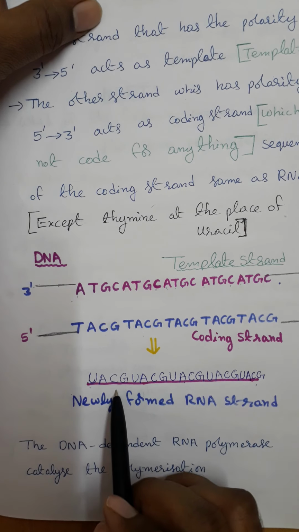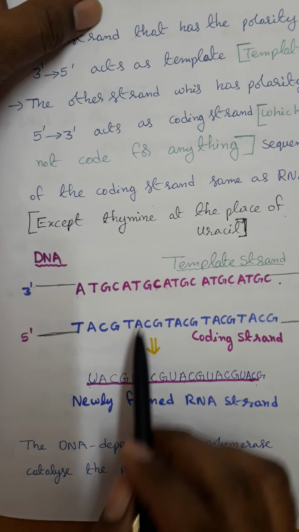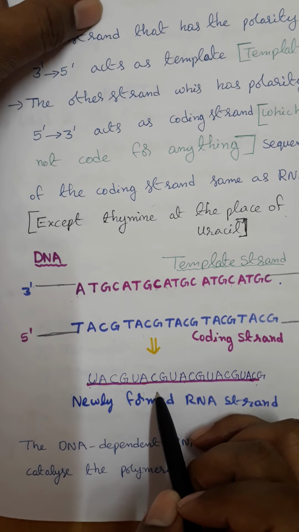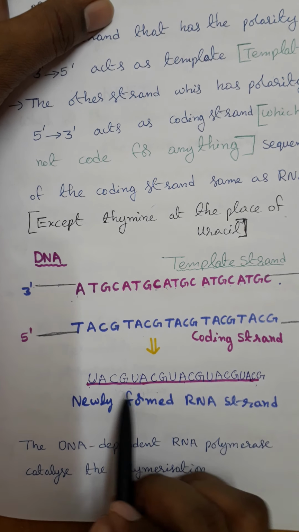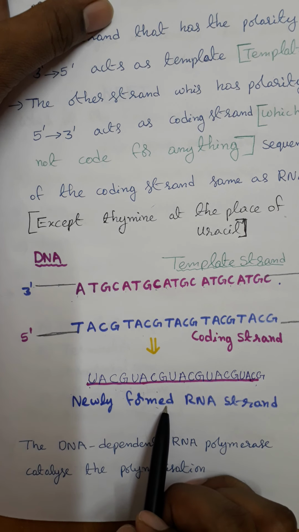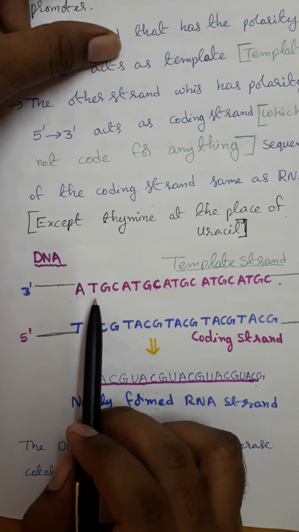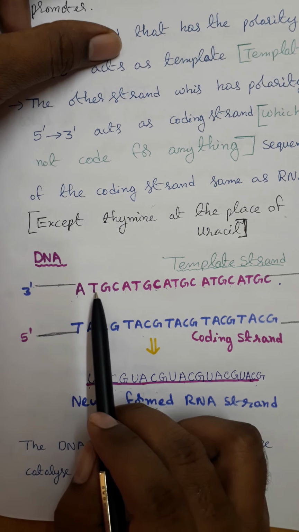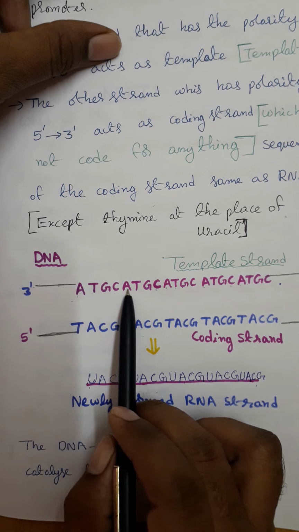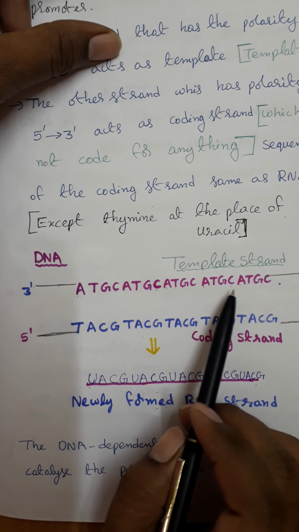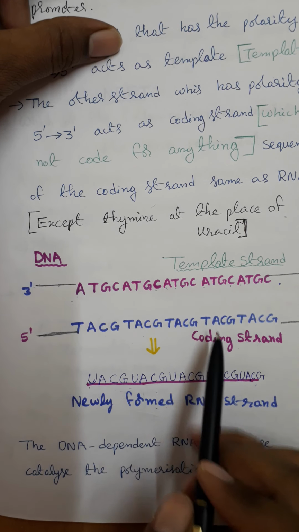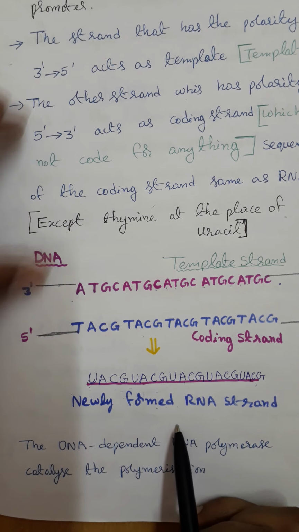Now the RNA molecule is synthesized from the template strand. This is the newly formed RNA strand, with these nitrogen bases, from the template strand bases A, T, G, C repeated.